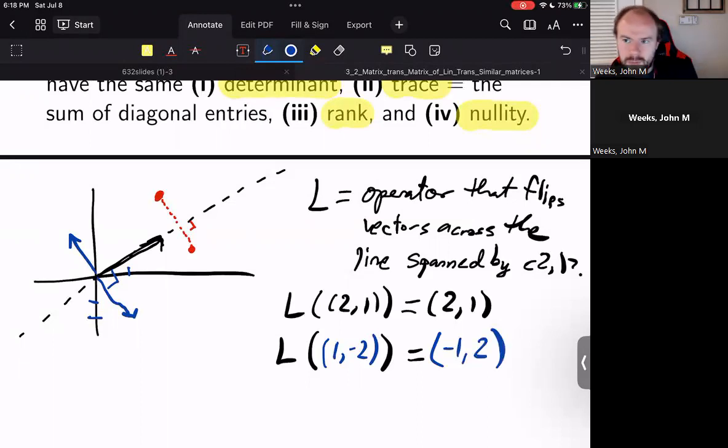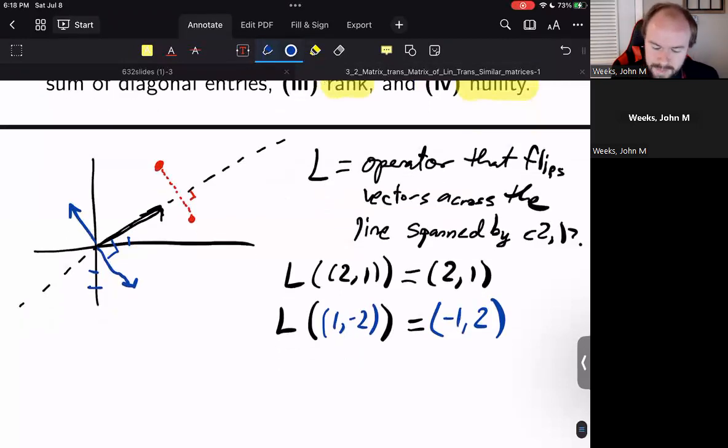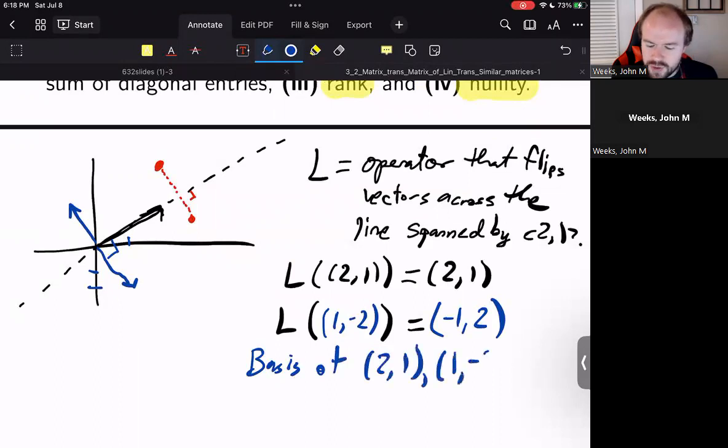So what's happening here? What is my linear transformation doing? Well, in terms of the basis of 2, 1 and 1, -2 that I have formed here, what's happening?